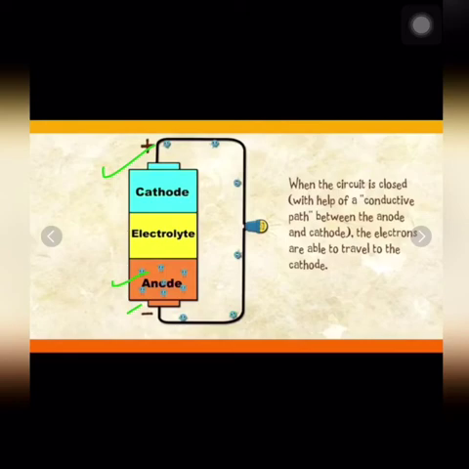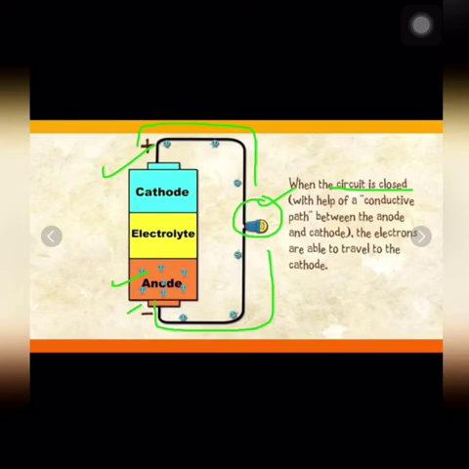So when the circuit is closed, the electrons are able to move or travel to the cathode. So only when the circuit is closed, these electrons are able to flow to the cathode, and whatever conductor is placed in the path of these electrons, they move across that conductor and electric current is produced, and that particular device starts working.